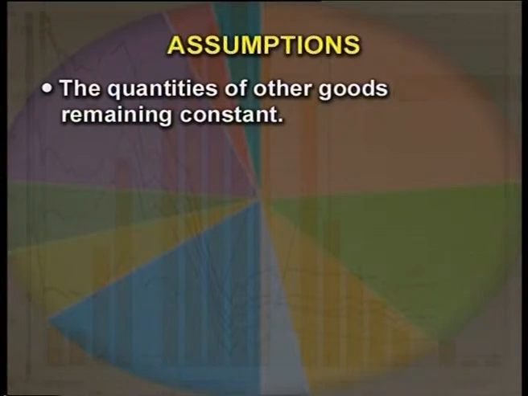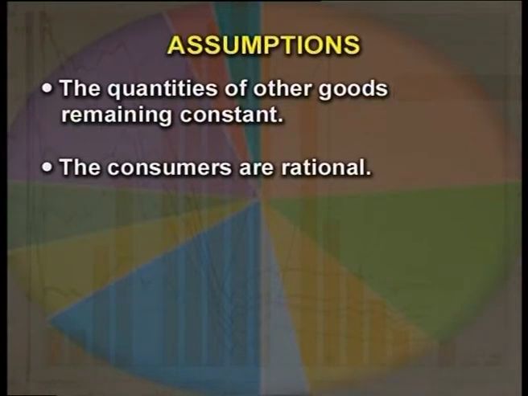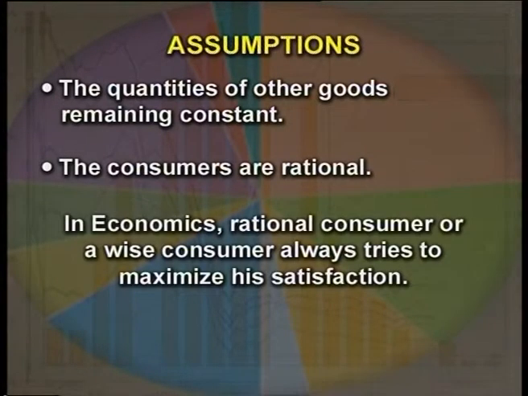Then there are other assumptions also. For example, we are assuming that consumers are rational. So, what is a rational consumer? In economics, a rational consumer or a wise consumer always tries to maximize his satisfaction. Of course, the meaning of rationality would change if we take ethics.